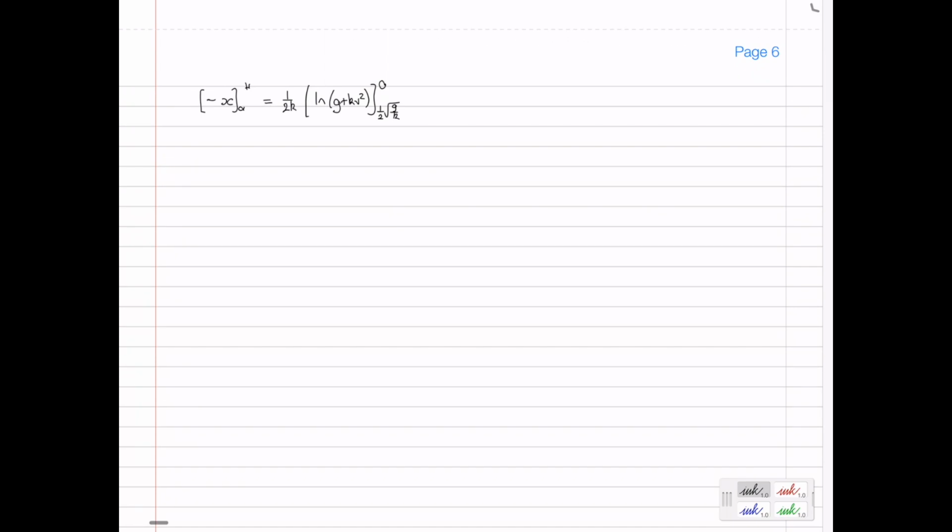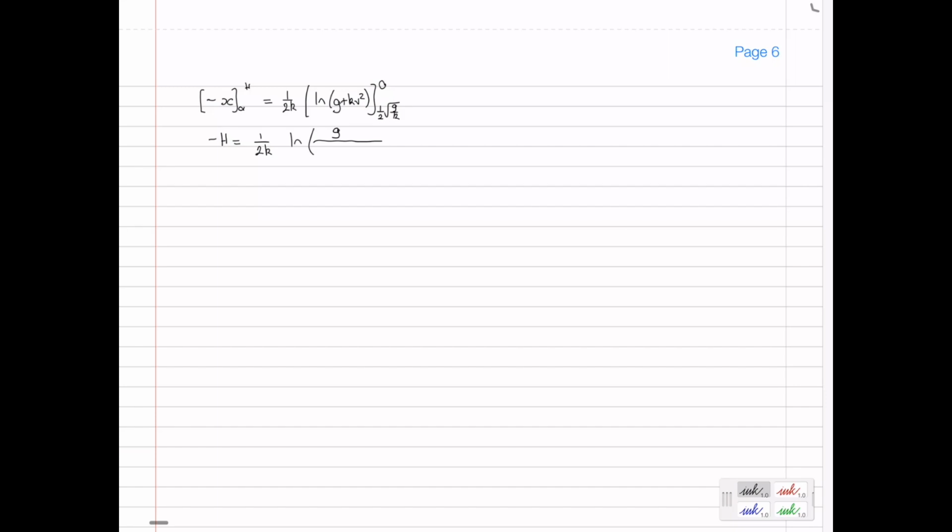Alright, so the left-hand side is going to be negative h. The right-hand side, let's go ahead and substitute in our values. So the first one is going to be log of g plus 0, so just g. Now, since this is going to be a log minus a log, I'm just going to combine those 2 logs into 1, and that becomes a division.